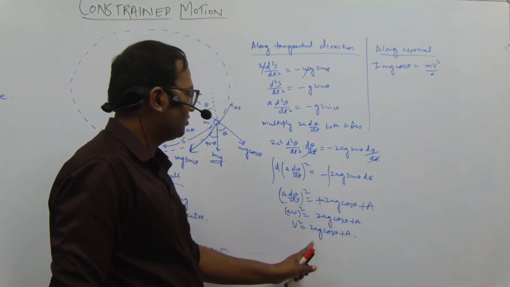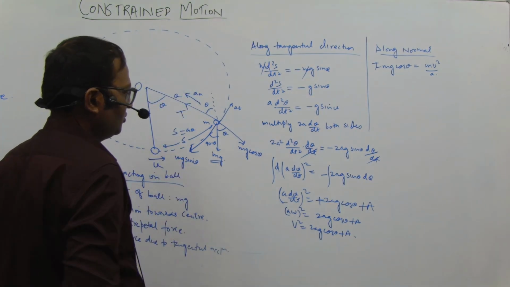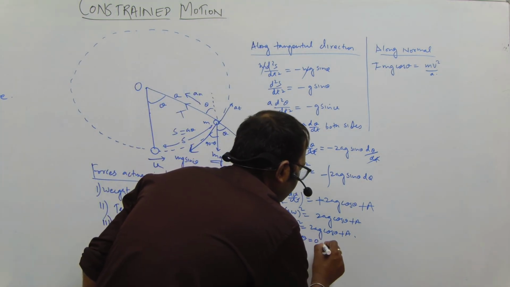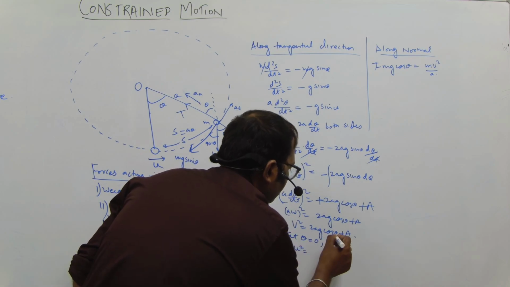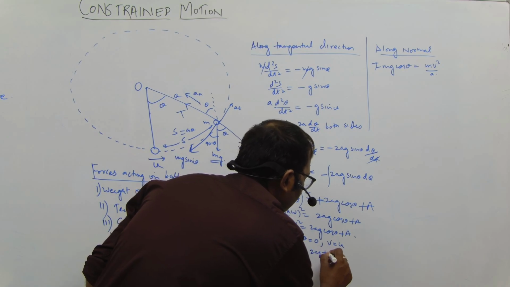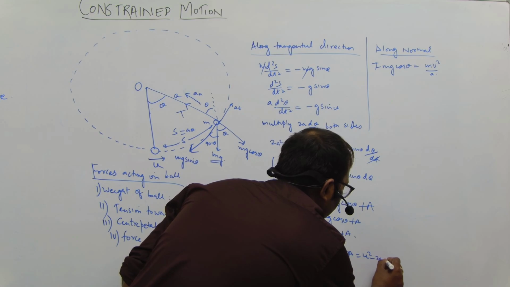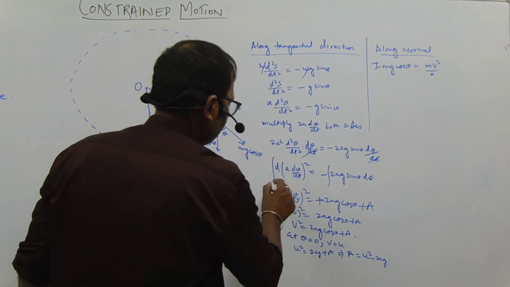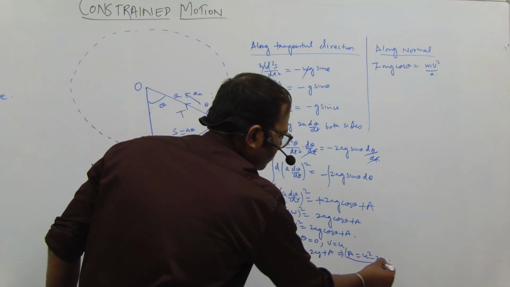At theta is equal to 0, the initial velocity is u, so v is equal to u. Theta 0 means cos theta is equal to 1, so u square is equal to 2ag plus the constant. Therefore the constant is u square minus 2ag.